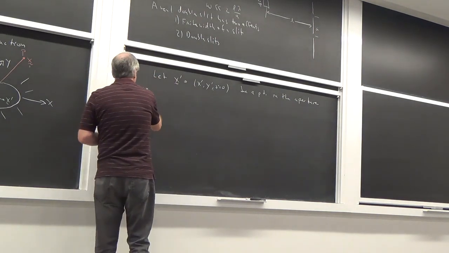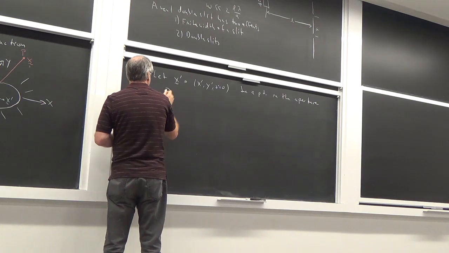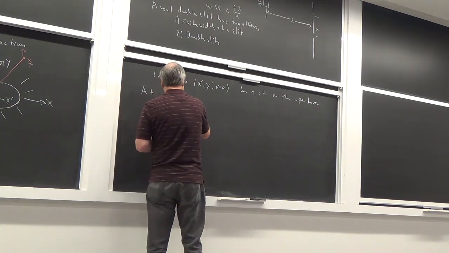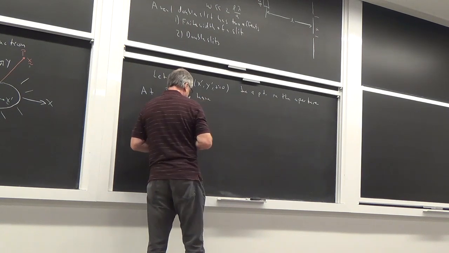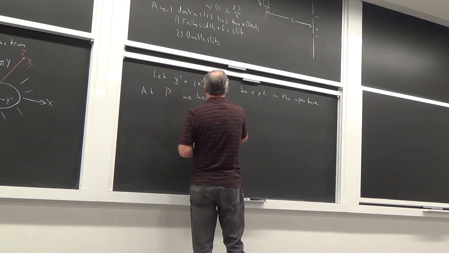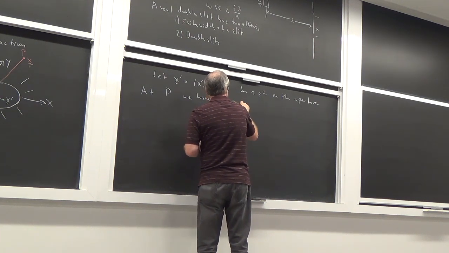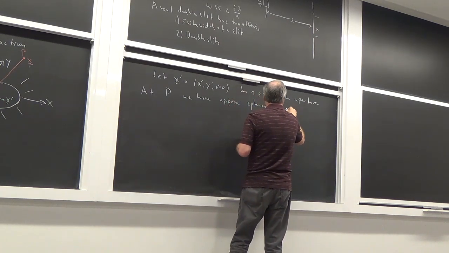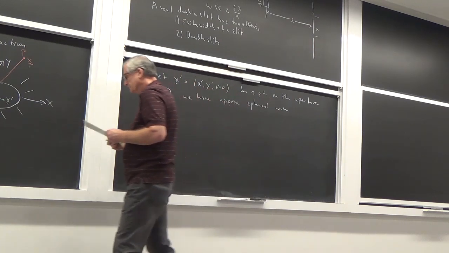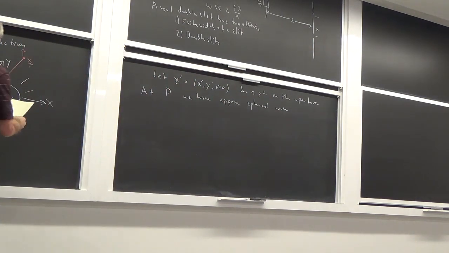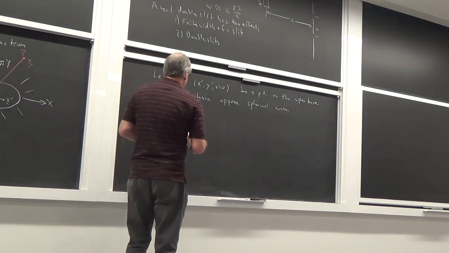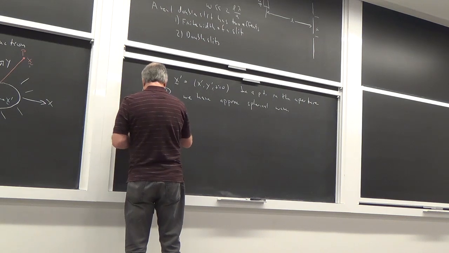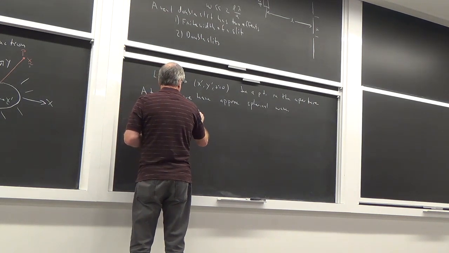Okay, so at observation point P, since it is far enough away, we're going to have an approximately spherical wave. If you go far enough away, this aperture is just like a point, so you just see the spherical wave coming out from the point, with wave vector k along the observation direction.